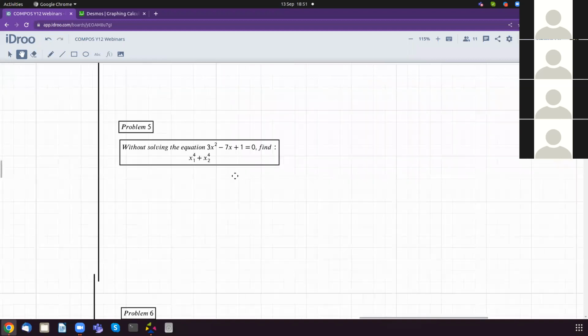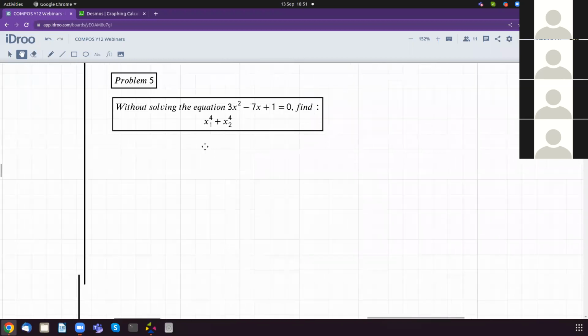Okay, problem 5. Without solving the equation, find that.